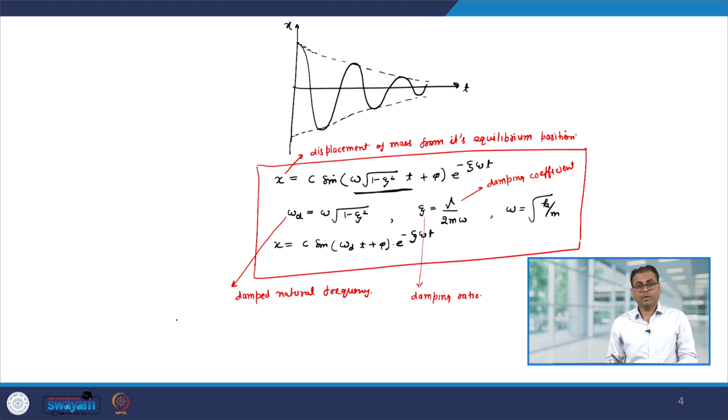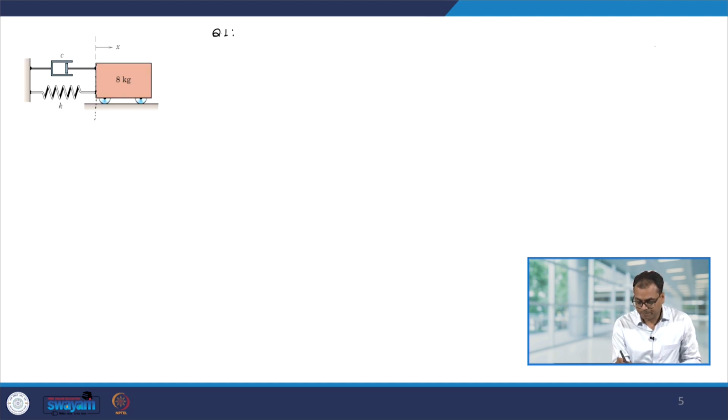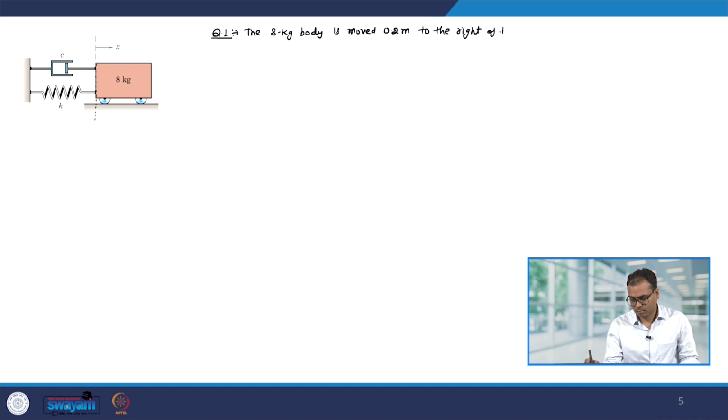Now, let us look at couple of problems based on these concepts. The first problem statement is following. The 8 kg body is moved 0.2 meter to the right of the equilibrium position and released from rest at time t equal to 0.